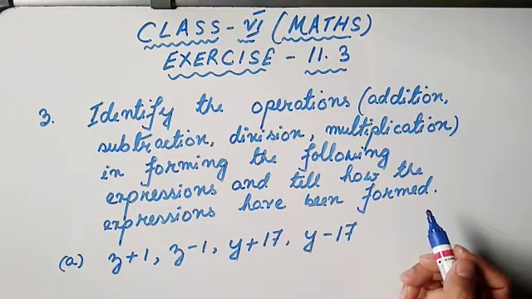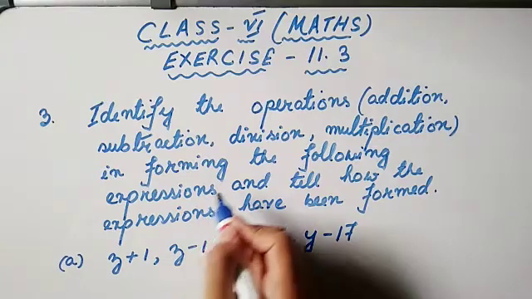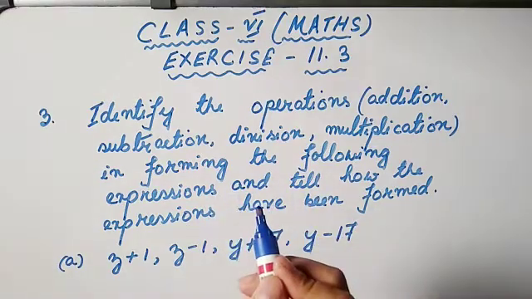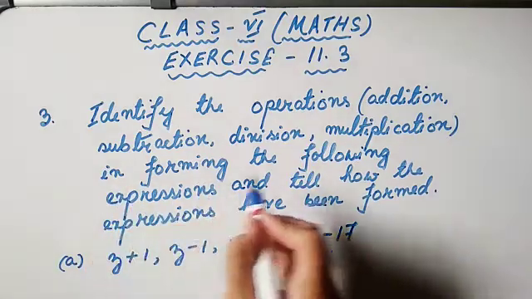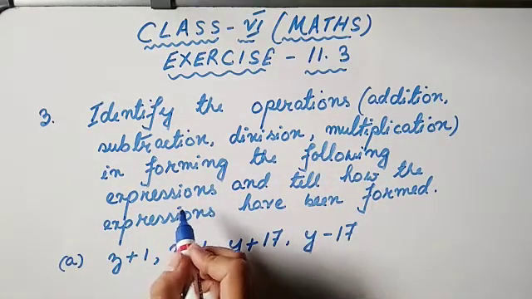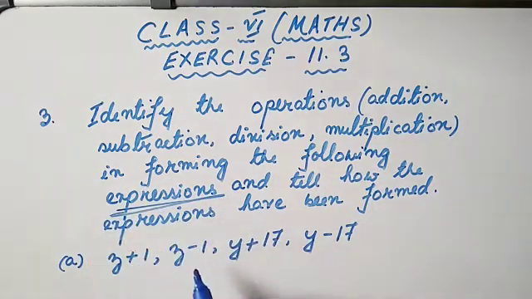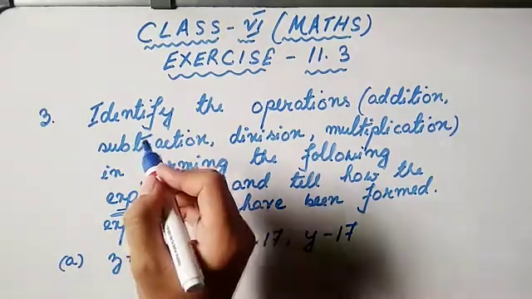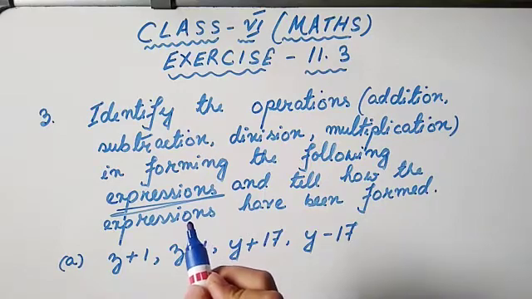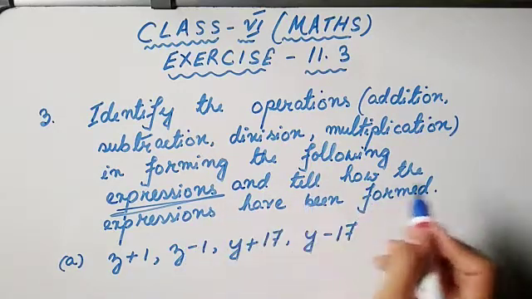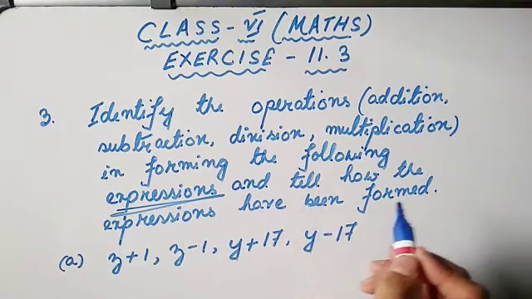Understood? So first of all, we are going to identify what kind of operation is used in forming the following expressions. They will be giving us some expressions and we are going to find the type of operation that is used. Understood? And tell how the expressions have been formed.